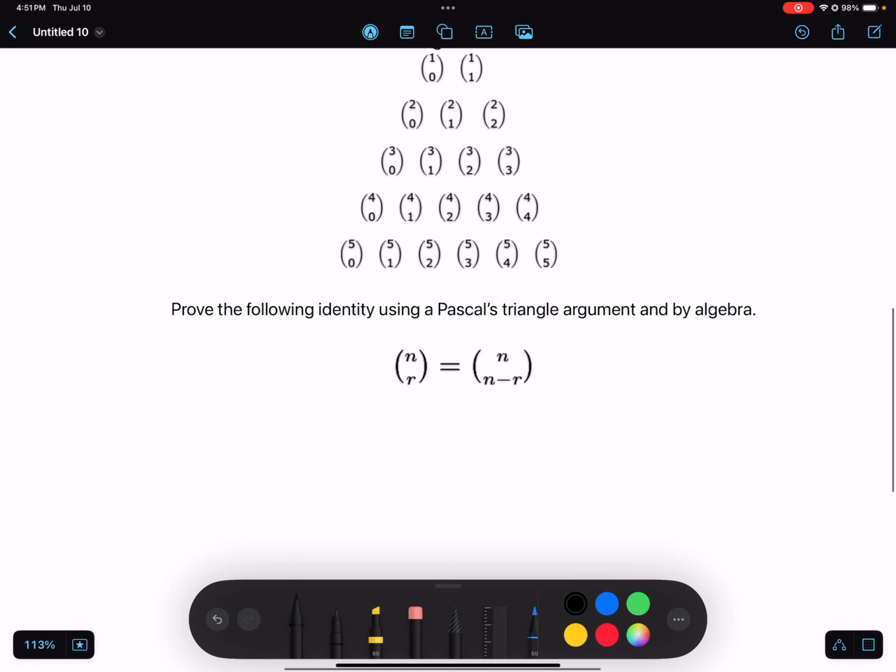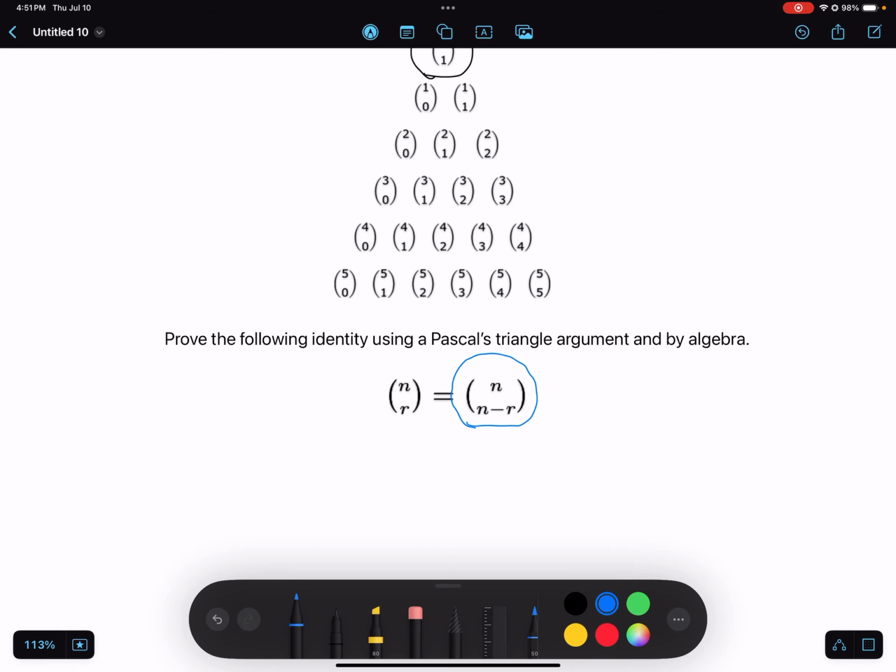Down here we have n choose n minus r. This is going to give you some entry on the triangle, depending on what your n and r are.